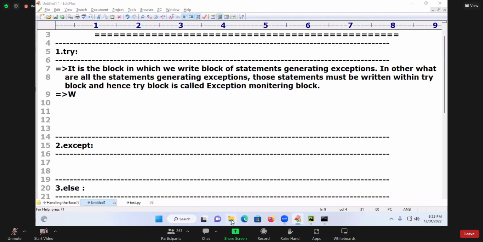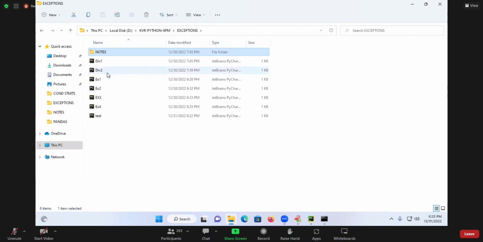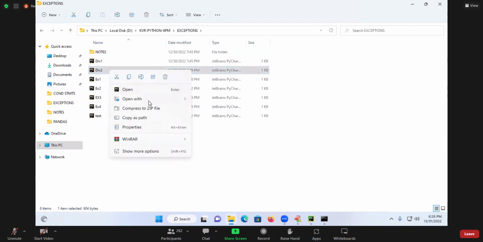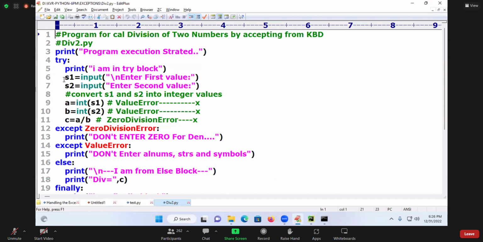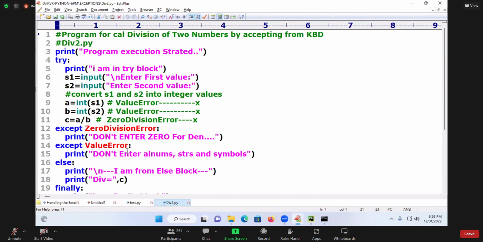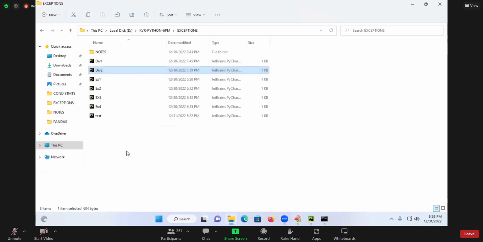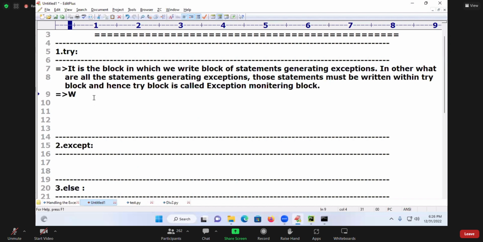When an exception occurs, we have already seen it in our previous code. Go to div2.py and see this code. If any exception is occurring in the try block, what is happening? It simply comes out of the try block and executes the appropriate except block. It may be zero division error or value error.